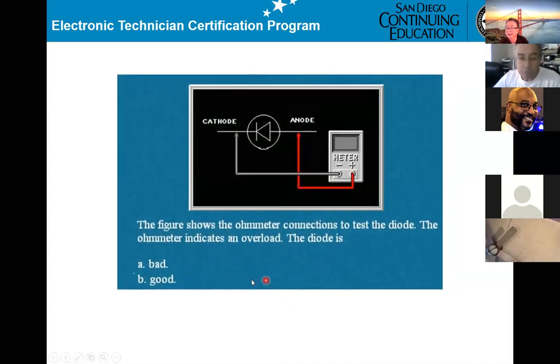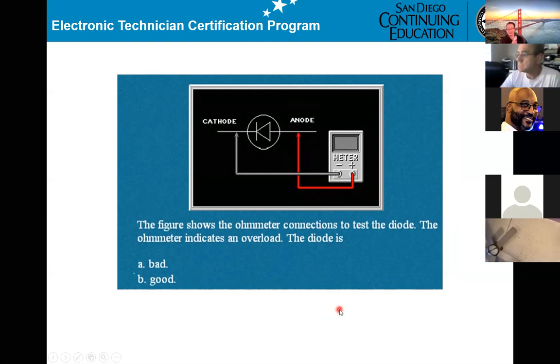Let's see, do you have any answer here? In the figure, are we using an ohmmeter or a voltmeter? We're using a DMM, so you are measuring voltage, not resistance.